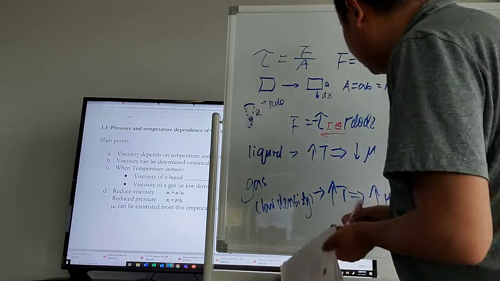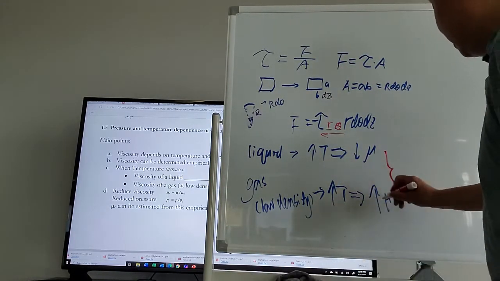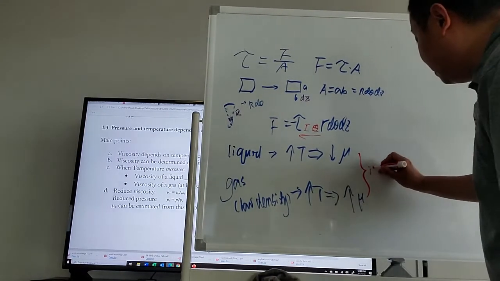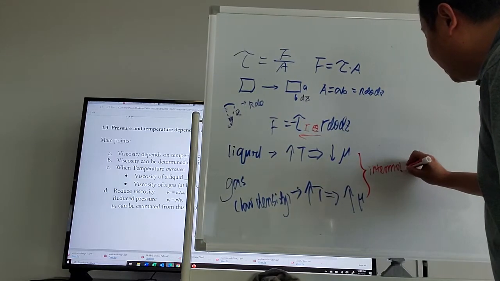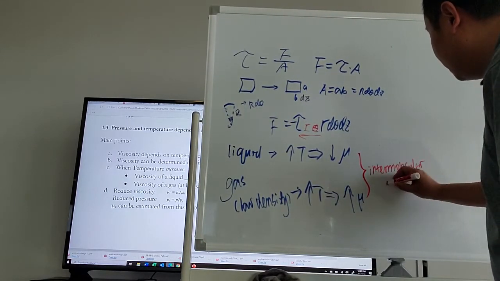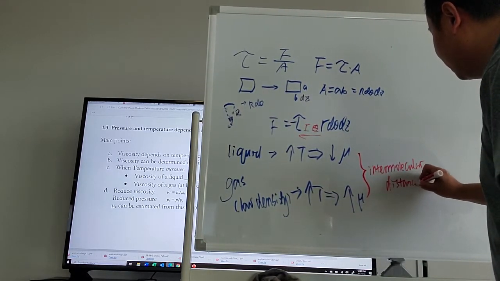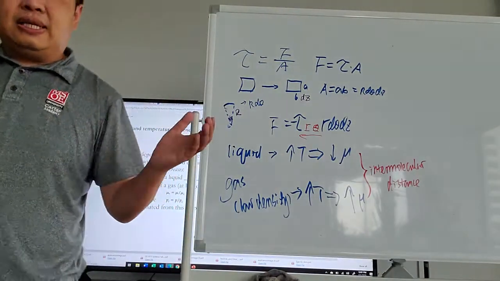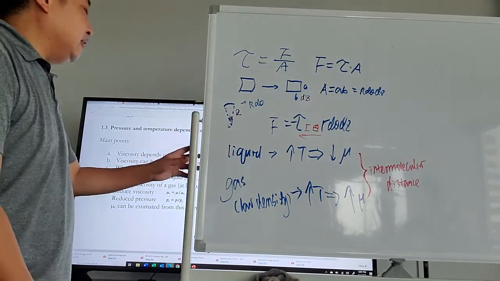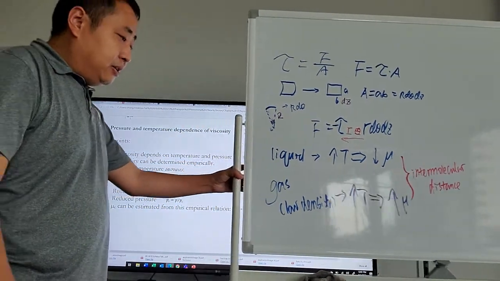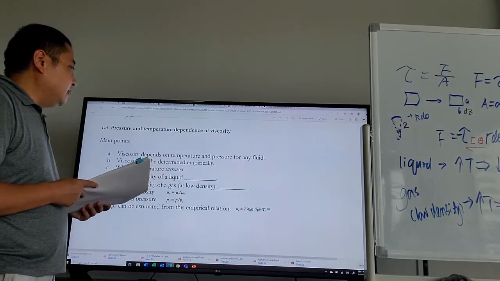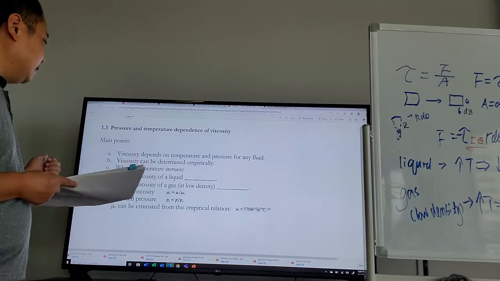The difference here can be explained by the intermolecular distance differences between liquid and gas. So again, the reason is the intermolecular distance. And also the viscosity can be determined empirically, okay?